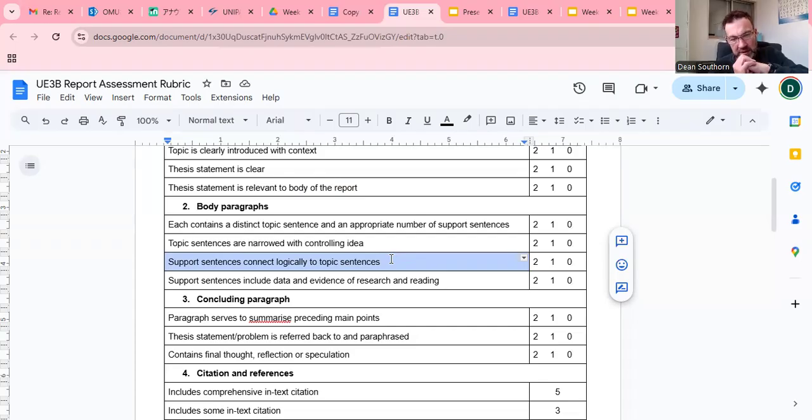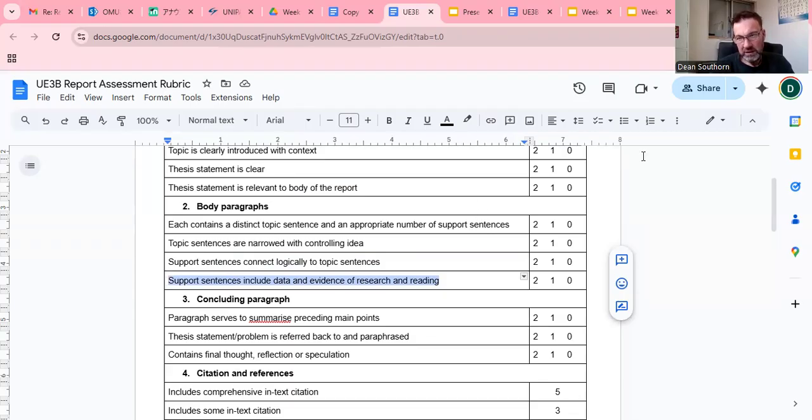Lots of different ways to support a topic sentence, but every sentence must support the topic sentence. That is the purpose of it. And those sentences should include maybe data, evidence, research, and reading. If you have numbers and data to support that, also where does it come from? Don't forget that. We will look at that a little bit later when it comes to referencing and citations.